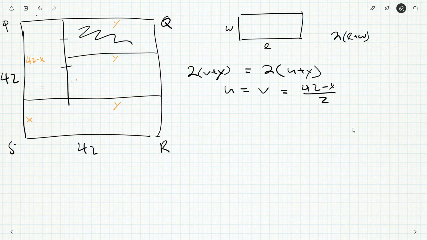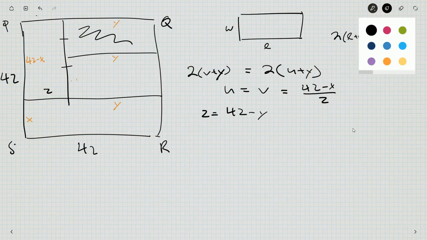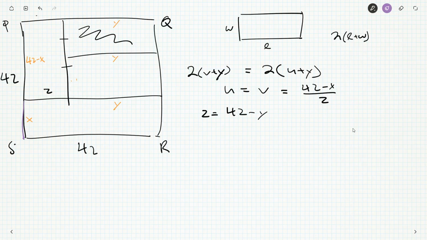And so right now that just leaves me with z and y here. But of course z is going to be 42 minus y. Okay, so now I know that we'll use some colors here. So we've got our purple rectangle here. Its perimeter is 2 times (42 plus x).